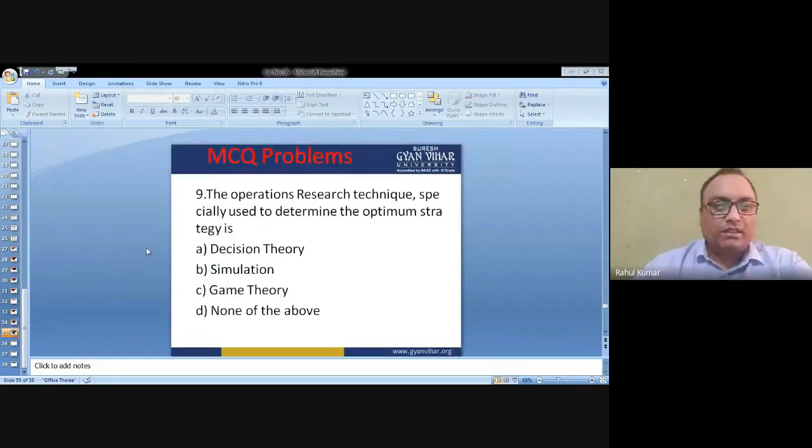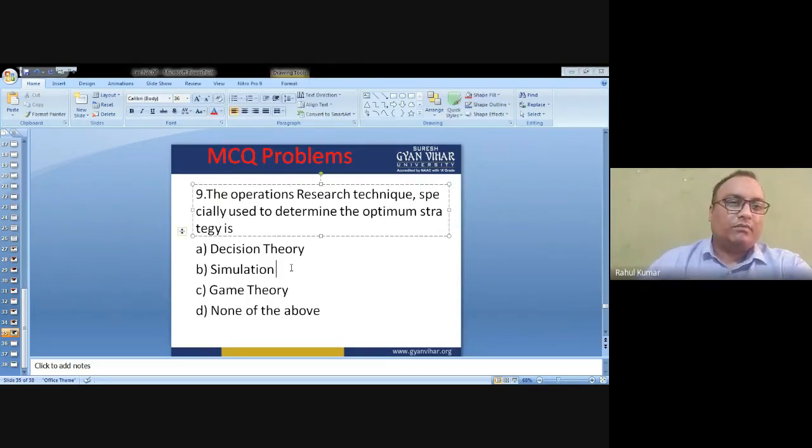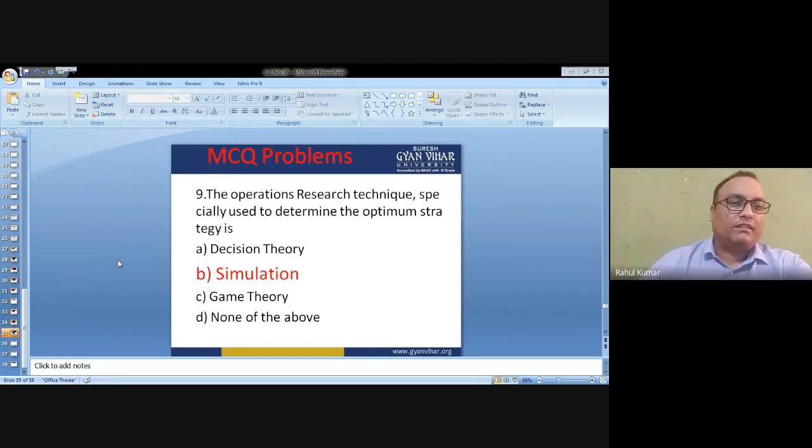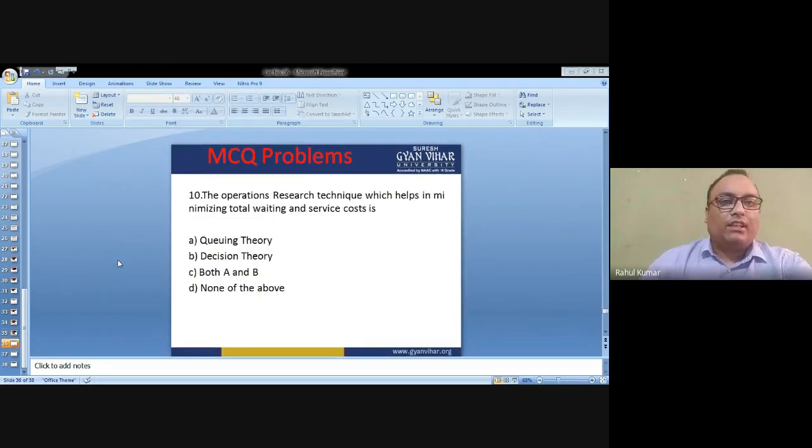For the ninth question, the operation research technique especially used to determine the optimal strategies with the help of simulation. The operation research technique which helps in minimizing total waiting and service cost is here.